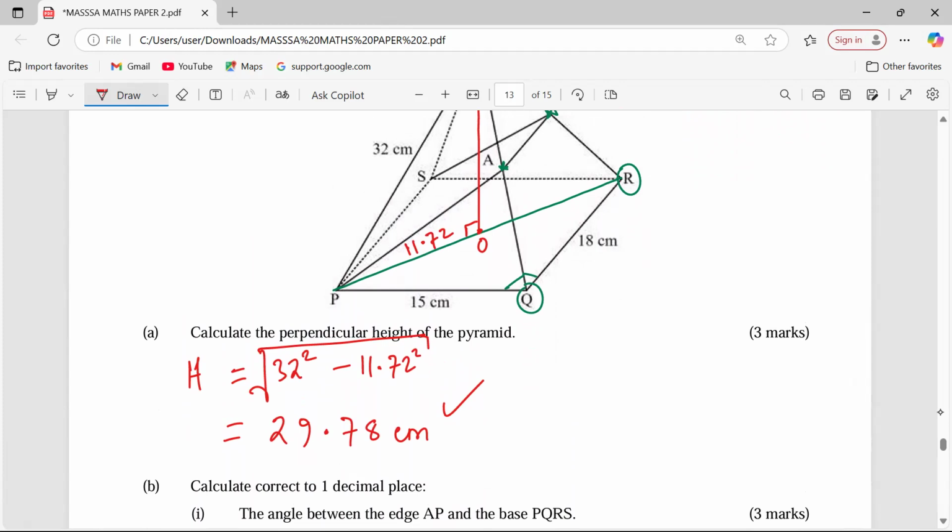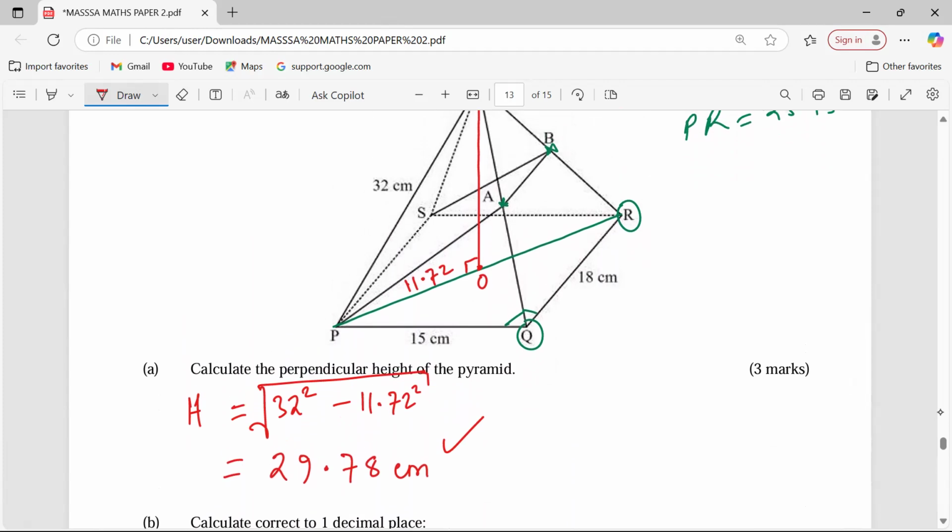Remember, we need to talk about a length which is from A to the base, that way. Yeah, A to the base.